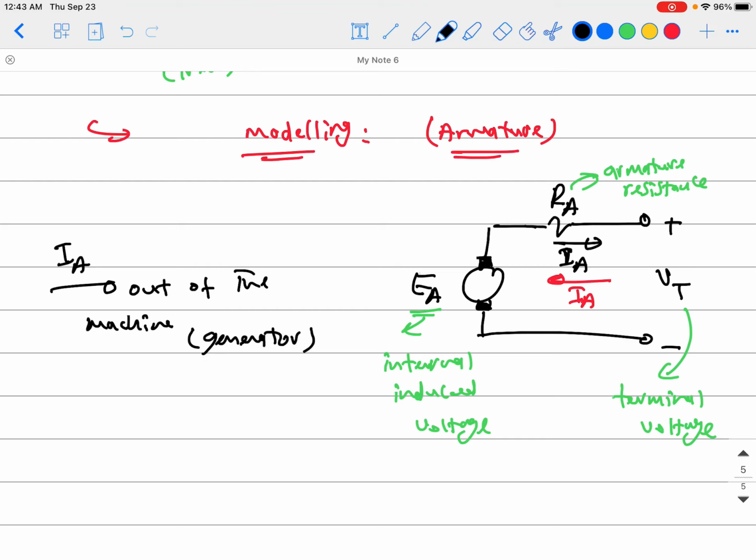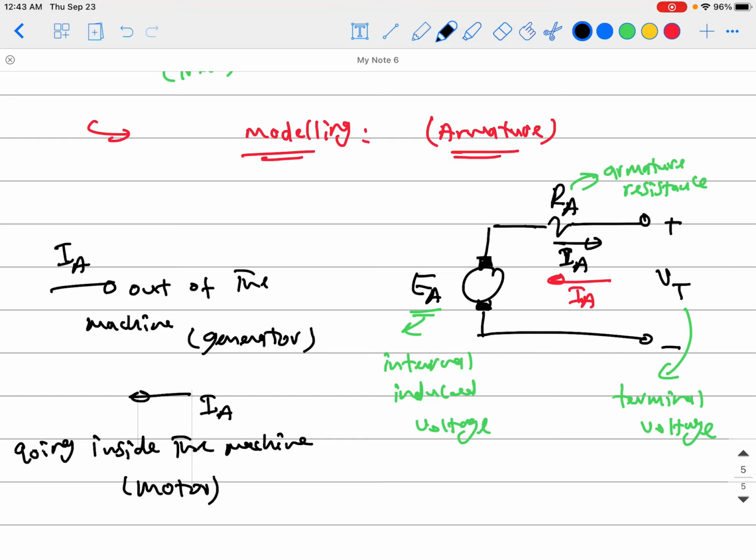The generator is the machine that generates electricity, so the current is moving out of the machine to the terminals and going out to the outside world. Ia is going inside the machine if you are talking about a motor, because the motor needs electric energy. The motor converts electric energy into mechanical energy, so the current has to move from the source to the motor.